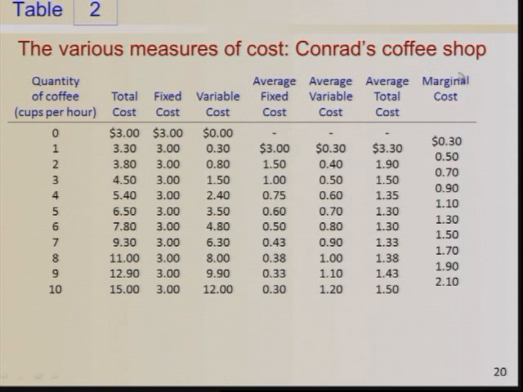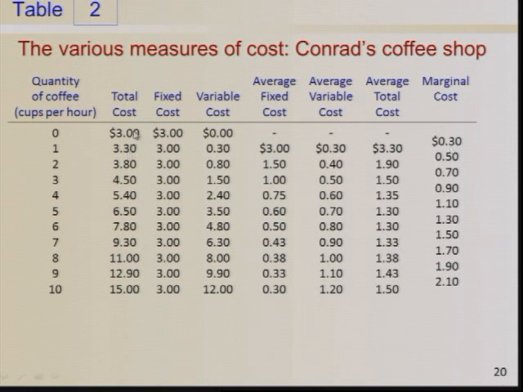For marginal cost, this one's a little bit different. The definition or the formula for marginal cost is the change in total cost divided by the change in total output. So here you're just looking at the difference. Go to your total cost column and then just find the difference. So where did they get that first 30 cents?